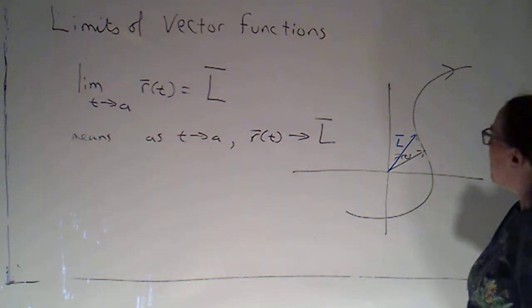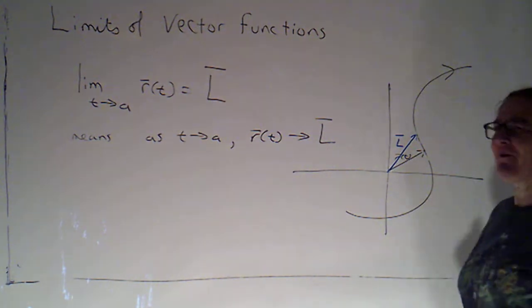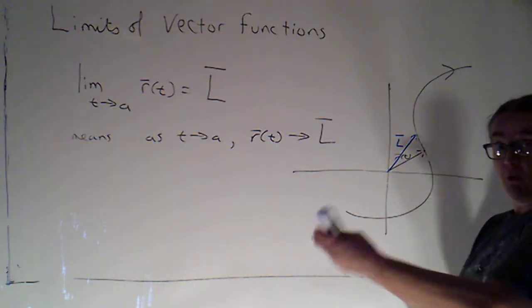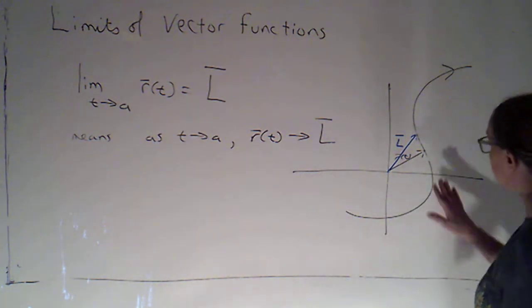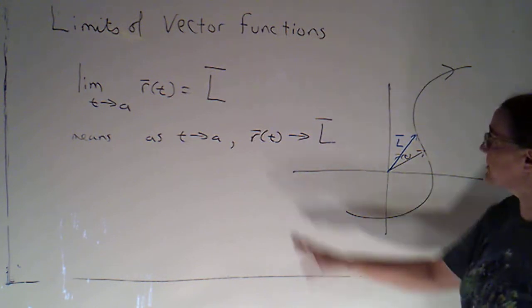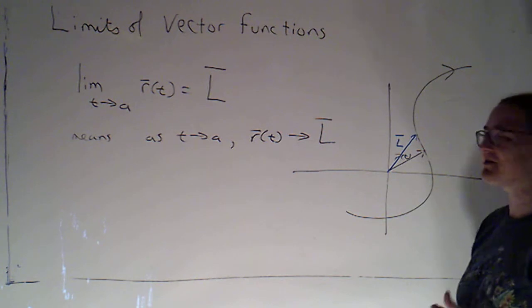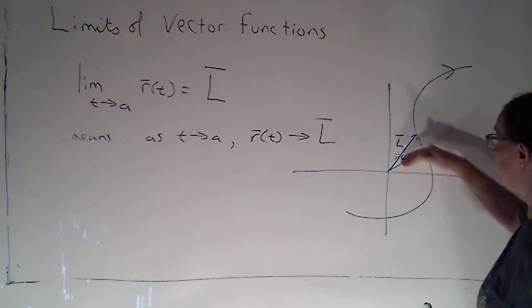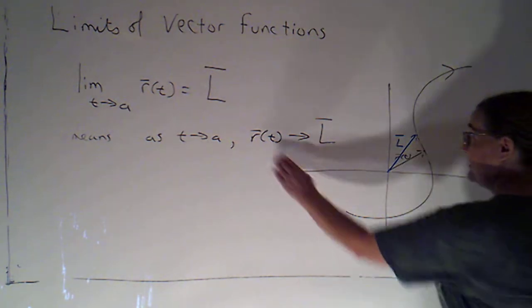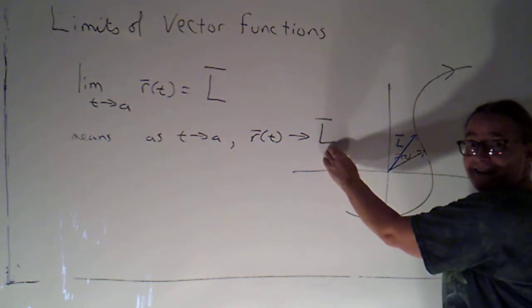Okay, so we sort of have a sense of what it means for a point to get close to a point, or a vector to get close to a vector. Of course, a vector getting close to a vector means that both the magnitude and direction are getting close to each other. And what that means is as I'm drawing things in standard position, this is getting close to just overlapping with this.